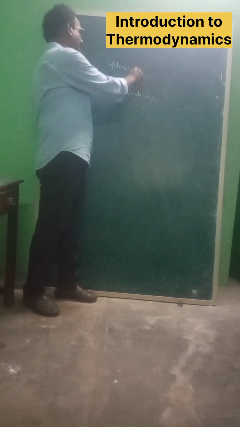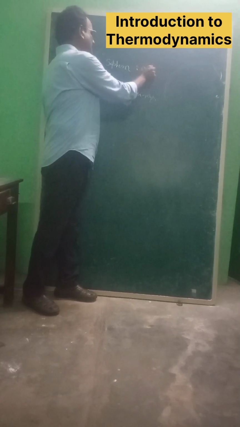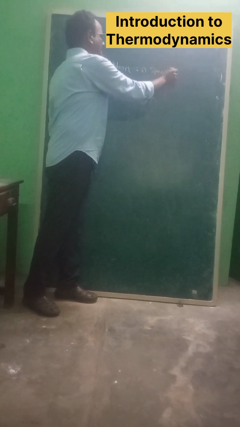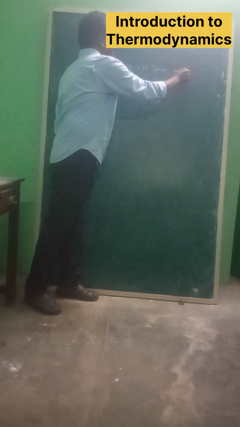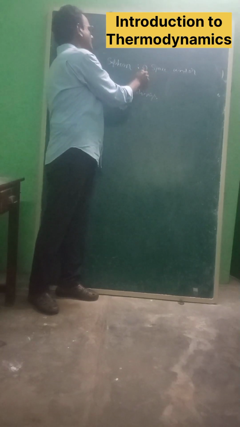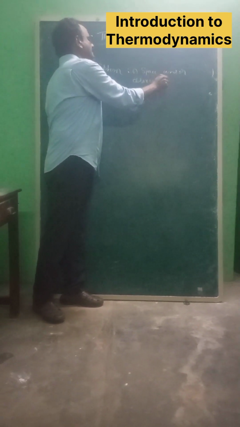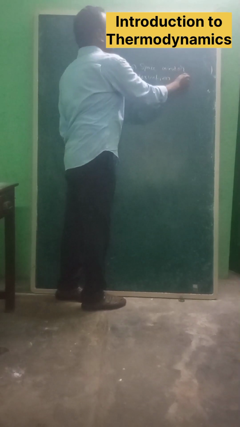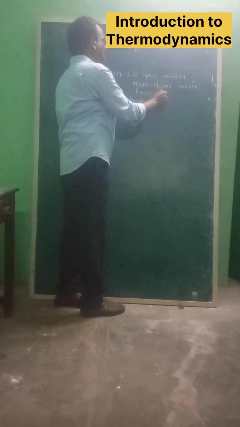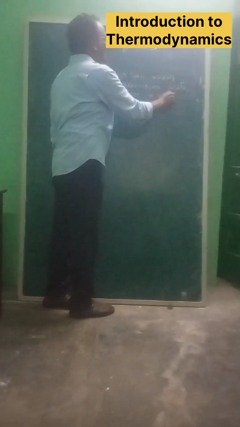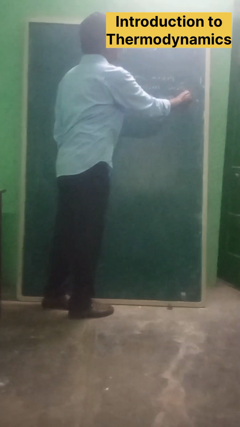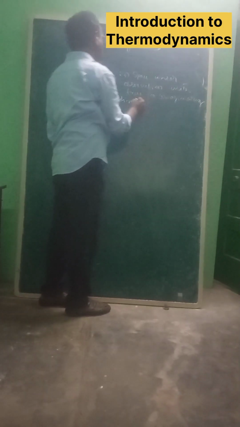System can be defined as a space under observation with true or imaginary boundaries.